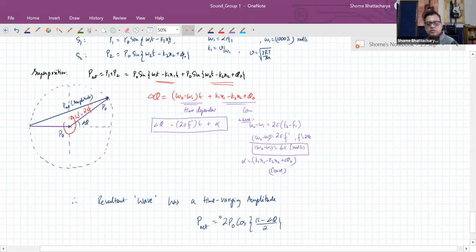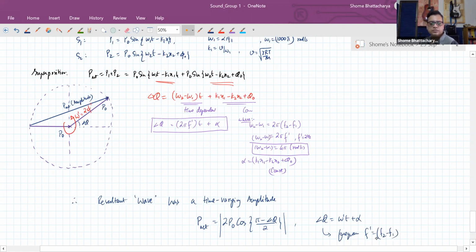Where that delta phi is equal to omega prime t plus some constant. So this is the frequency of f prime equal to f2 minus f1. Okay.